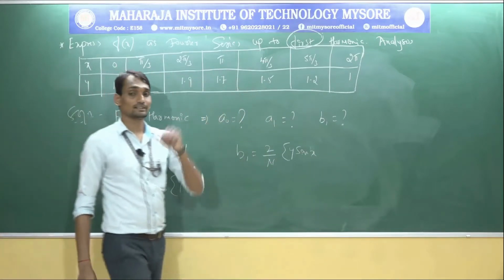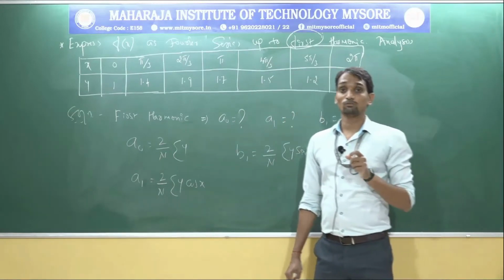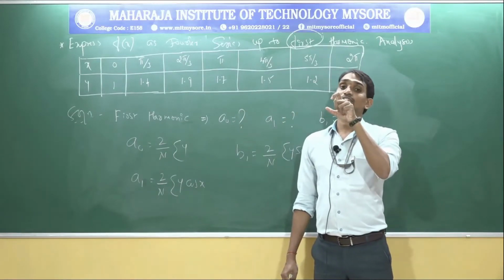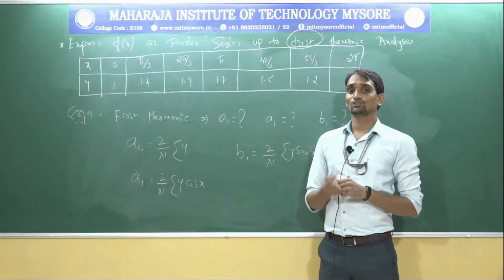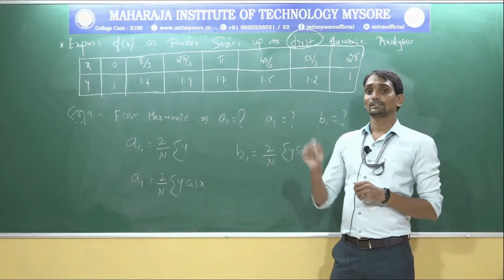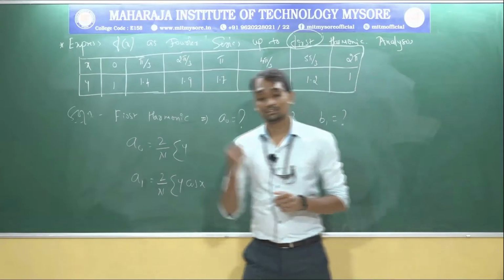We have the formula for an and bn, and I substitute n equal to 1 because it is the first harmonic.